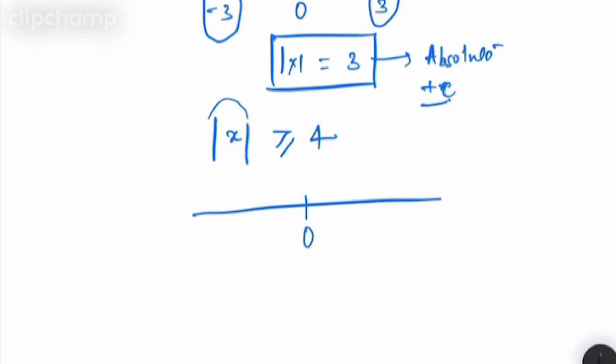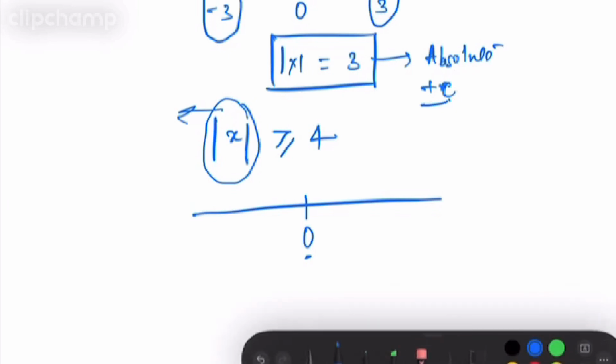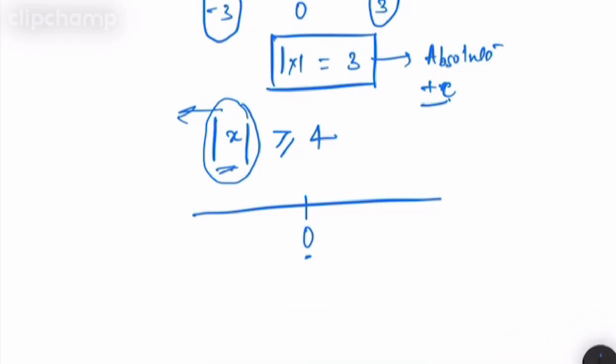Because mod of any value is taken with reference to 0. Distance may be measured with reference to any other number, but because the distance in origin is taken from 0 to identify the distance of any variable, mod of x, or for that matter mod of any value, is taken with reference to number 0.